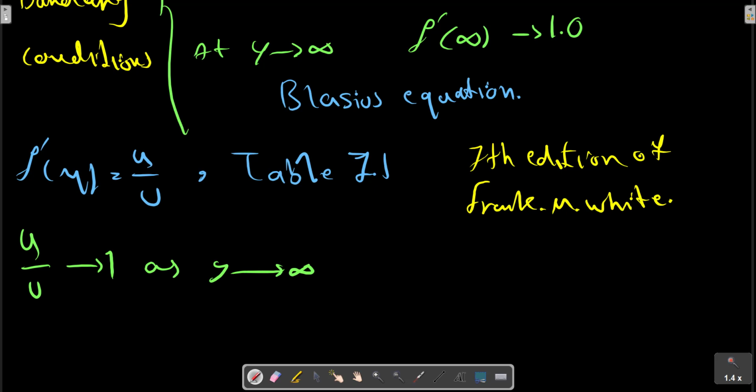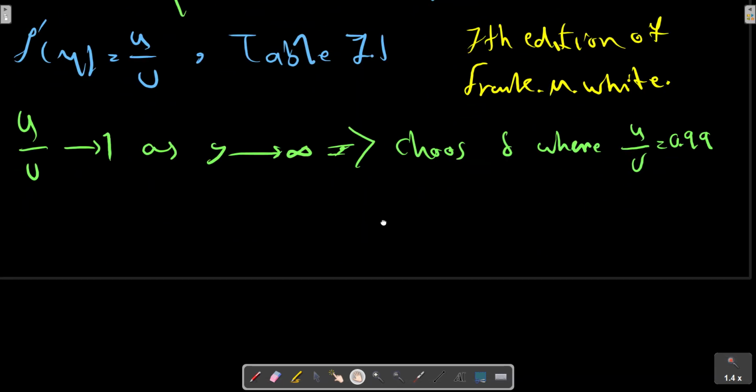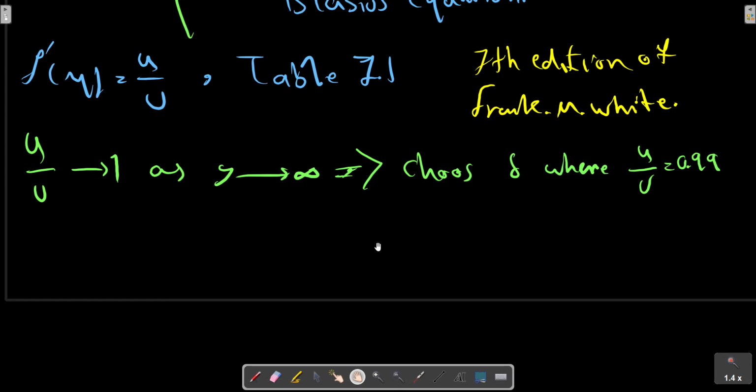it is customary to select the boundary layer thickness delta as that point where u over U equals 0.99, so in this case we choose delta where u over U is near, but not equal to, 1, to avoid the singularity.